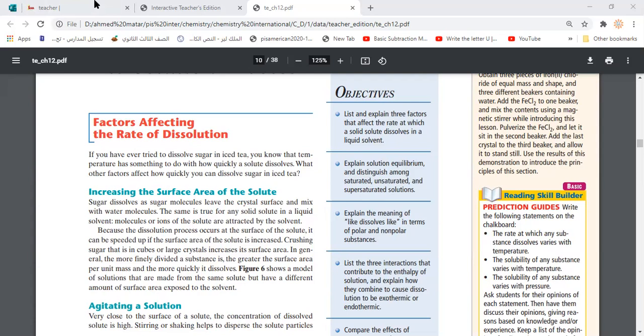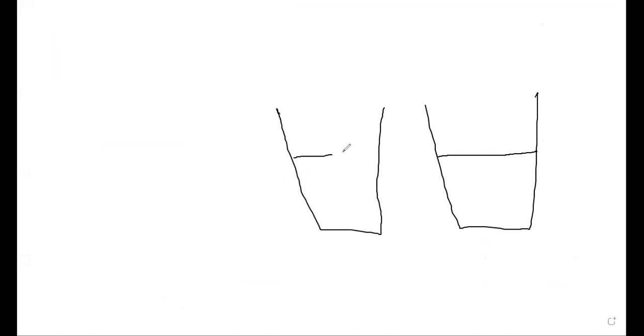What does it mean? To represent the idea of surface area, just look with me carefully here, guys. If we have this cup of water, and that cup of water, and both are exactly the same, they contain the same amount of water, for example 100 milliliters.